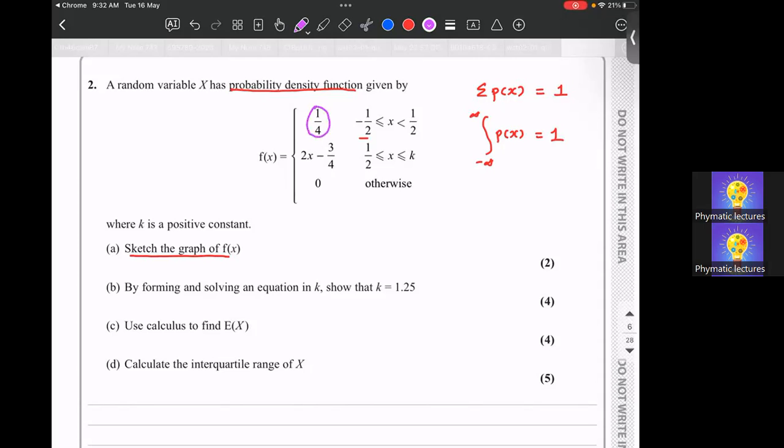That means it is a straight line parallel to the x-axis. After that, the general equation is a straight line in the form y is equal to mx plus c, and you can see the coefficient of x is positive. That means it has a positive gradient.